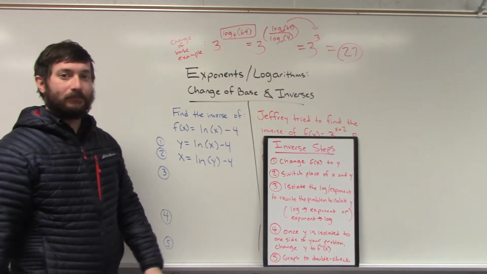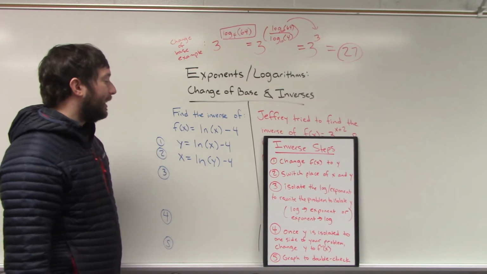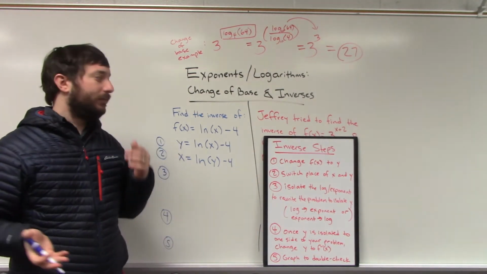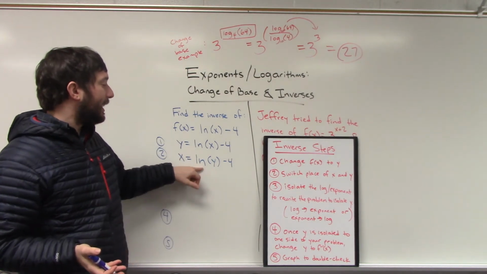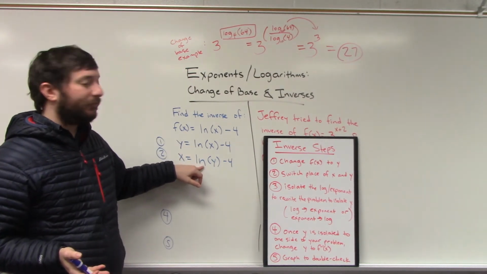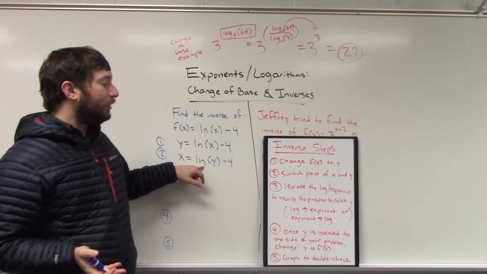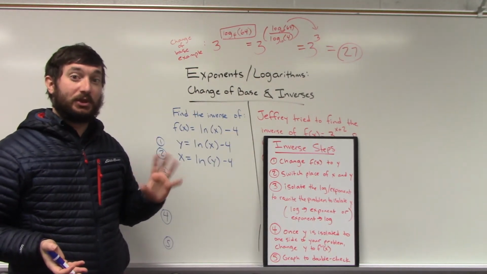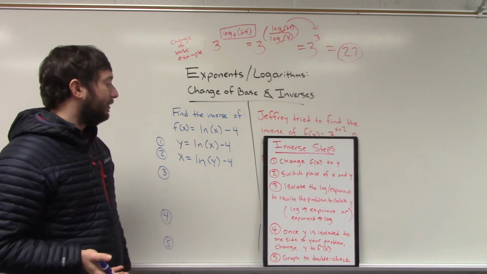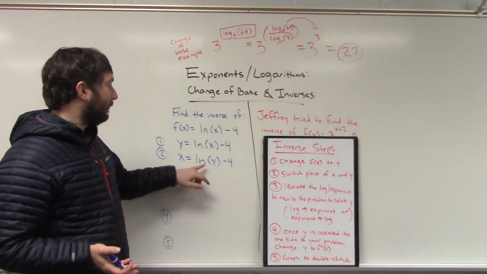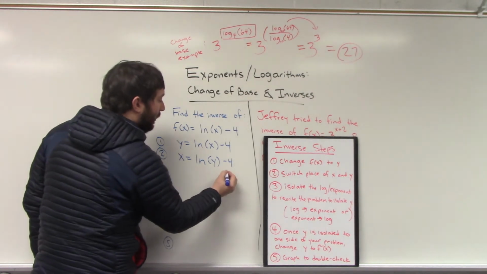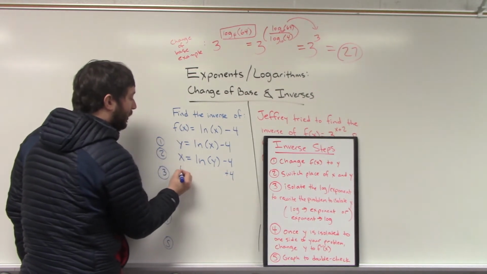That's step 2. Step 3, we're going to isolate our logarithm or our exponent. It depends on what we start with. Okay, we start with a logarithm here. We're going to isolate this on one side of our problem first, and then use that to rewrite our problem. So remember your switching formula. We're going to get back to that from last unit. Okay, so in this case, step 3, that 4 is not part of the logarithm.